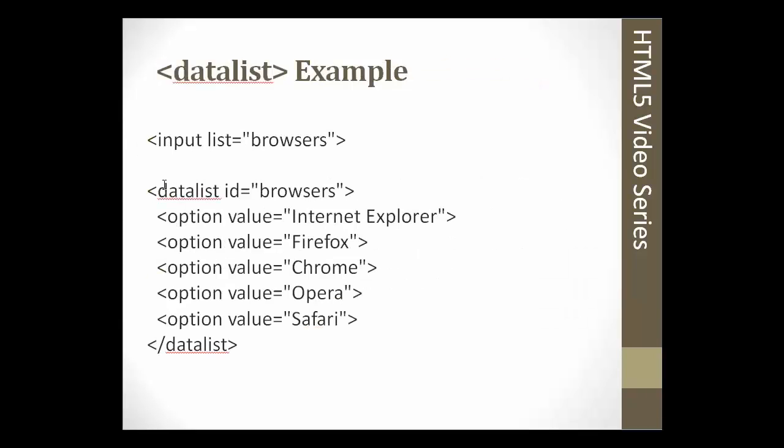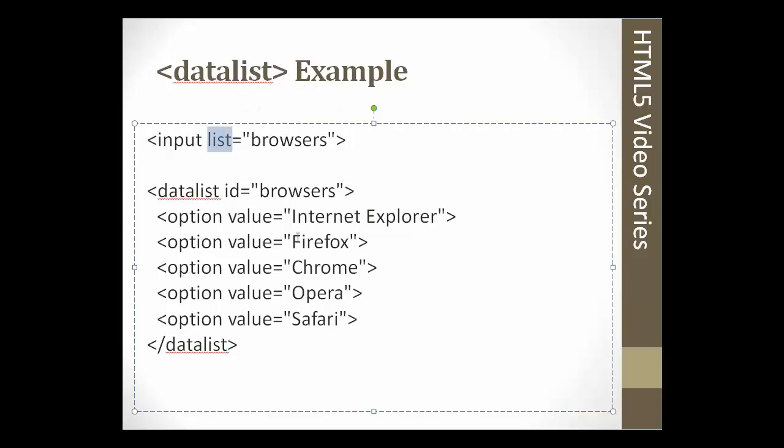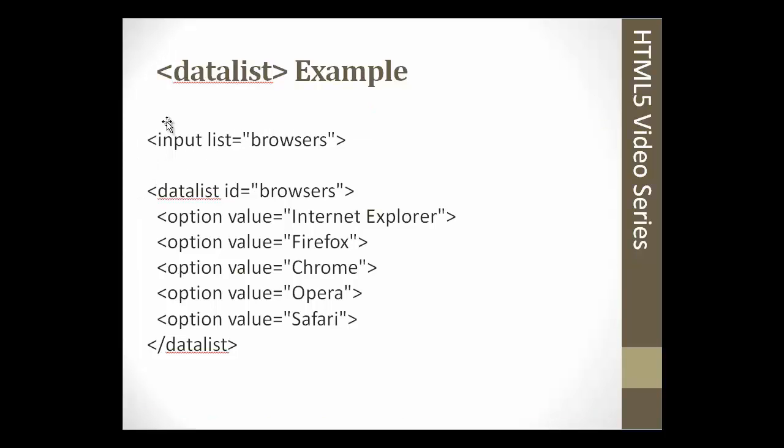Actually, I can show you right here. This is an example. We'd have an input with the list attribute of browsers, and then a datalist with the ID of browsers, and then we'd have our options. If in this text someone types FIR, then Firefox will pop up. So it's an autocomplete, used for simplicity and to make things easier for the user.